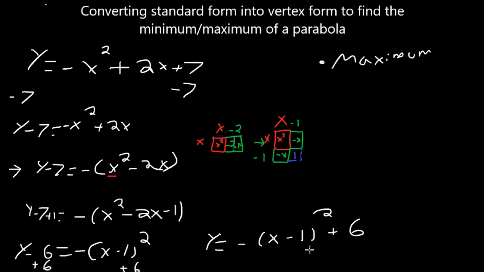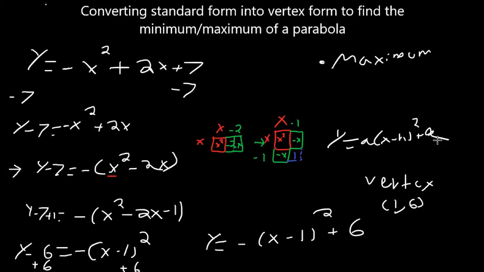So this equation is in vertex form, and this tells me the vertex is (1, 6). Just using our knowledge from vertex form, which is y equals a times (x minus h) squared plus k. So since this parabola has a maximum, our maximum value is 6. So the maximum value is 6.